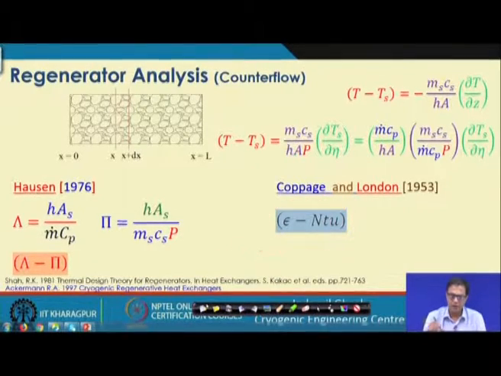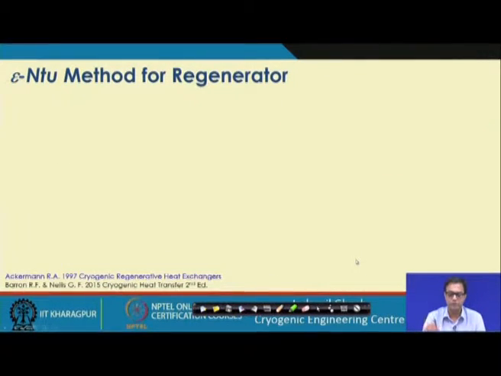Now, if you remember the definition of NTU, NTU is defined as UA by C min, where UA is the overall conductance and C min is the minimum capacity fluid.